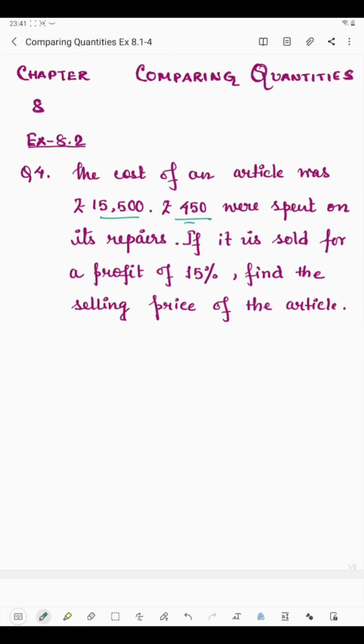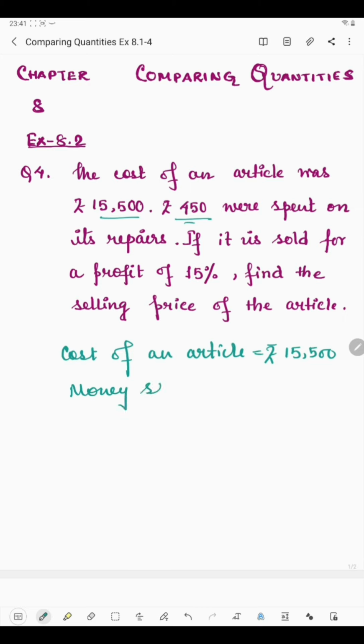So here it is said that the cost of an article was rupees 15,500 and money spent on repairing was rupees 450.